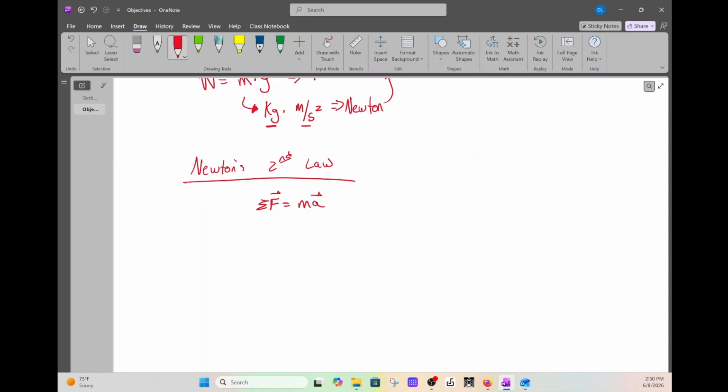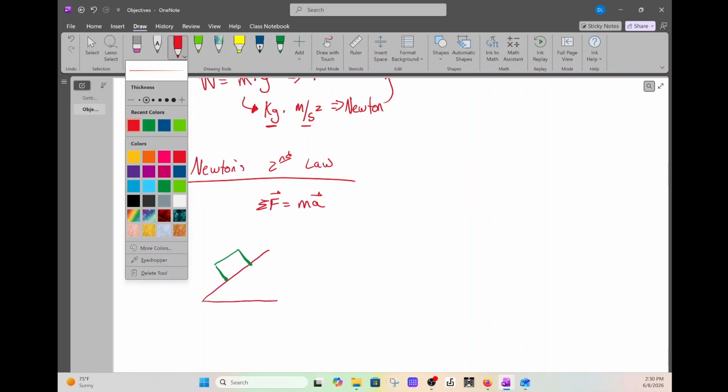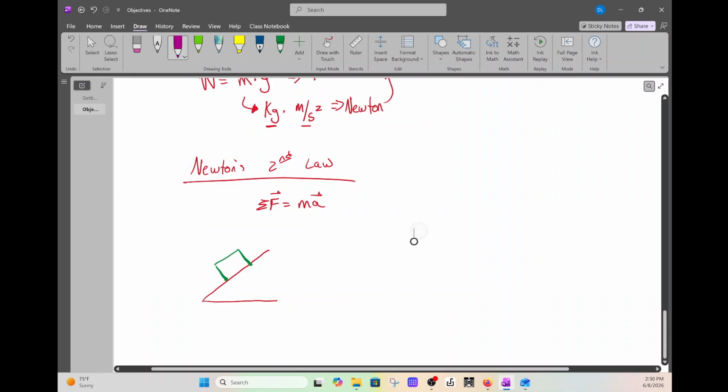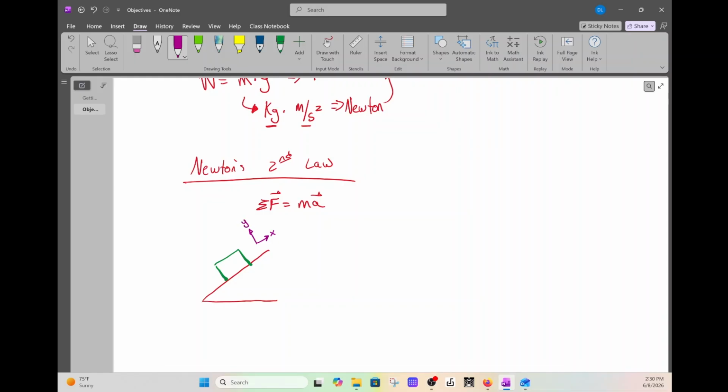Now, I put these vectors here because we know that, for example, say we have an inclined plane, and here's a box, that this could have x direction and y direction. That's why we have vectors, because those are forces along the x direction and the y direction, and could have acceleration in the x and in the y.